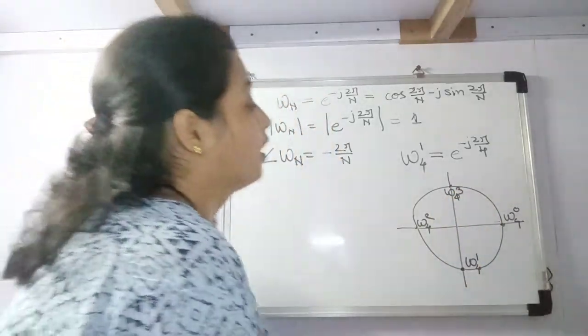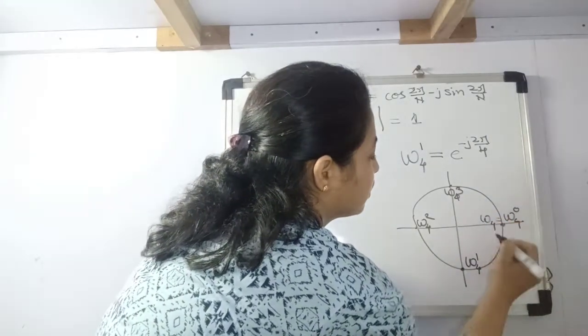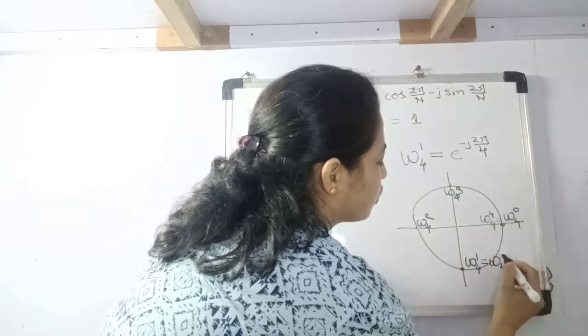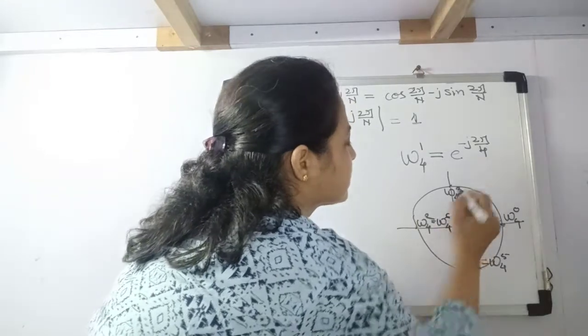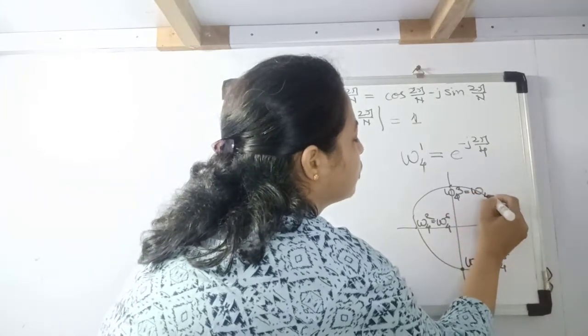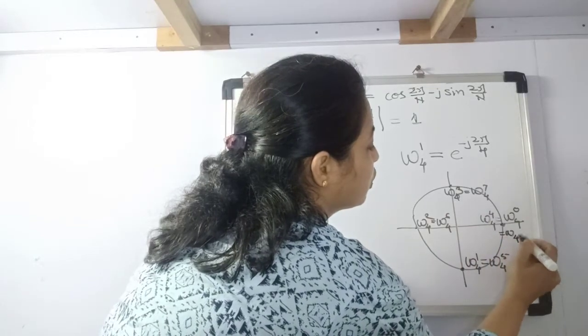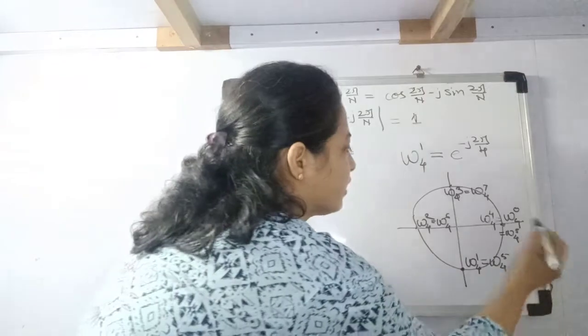Okay. Now again we can calculate and write this. Omega 4 4 is equal to omega 4 0, omega 4 5 is equal to omega 4 1, omega 4 6 is equal to omega 4 2, omega 4 7 is equal to omega 4 3, and again omega 4 8, like this. So its values we'll write here.